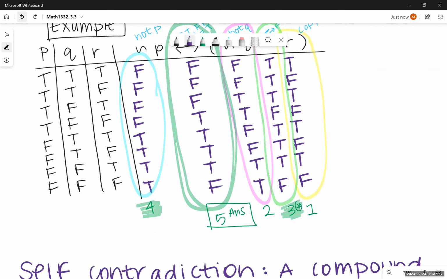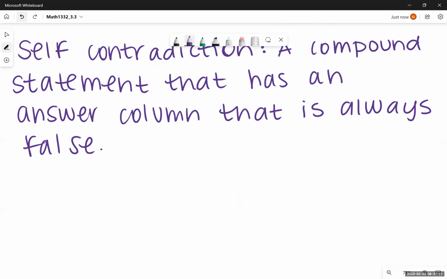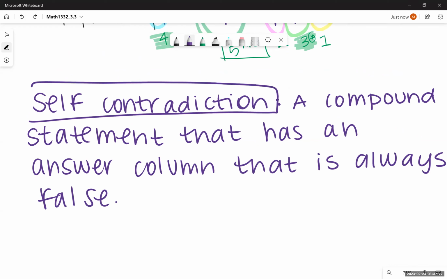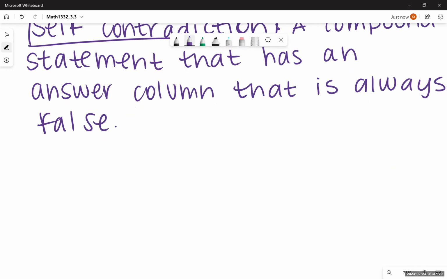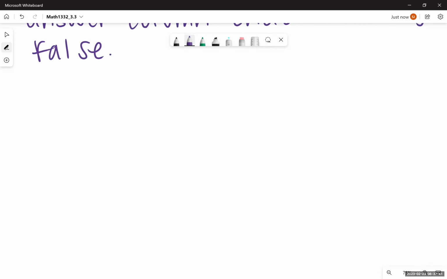Okay. So we're just going to define that, because I do think it's okay to just define it. The homework will actually have a compound statement that you solve. And if you run into one single T, then it's not a contradiction. If it's all F's, then it is a contradiction.